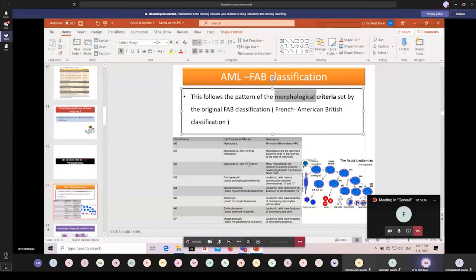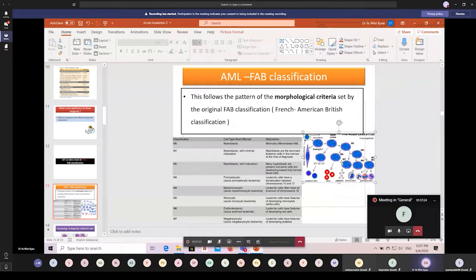M2 with maturation, here promyelocyte. You can compare from M1 to M7: M1, M2, M4 myelomonocytic, monocytic leukemia, erythroleukemia. This is WBC leukemia, this is RBC leukemia, and this is platelet leukemia. M0, M6 and M7 are very rare.